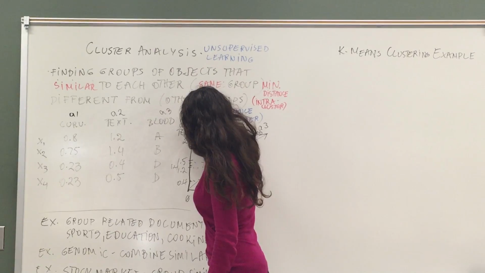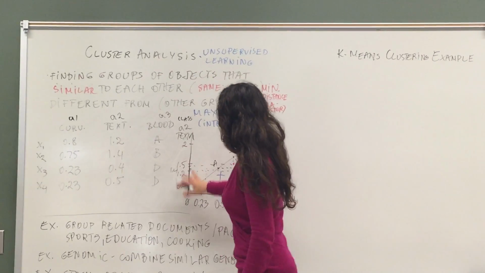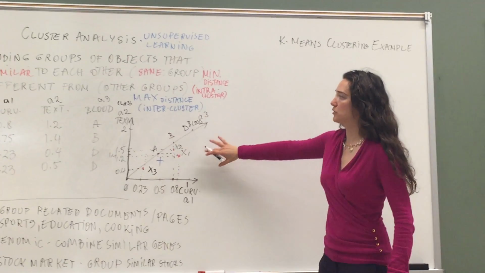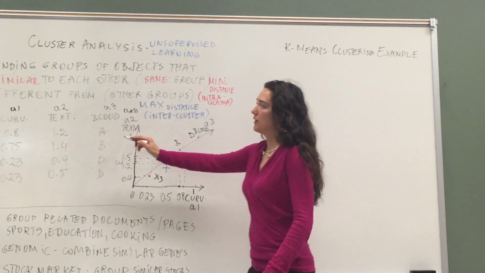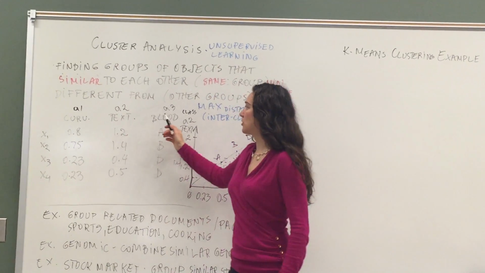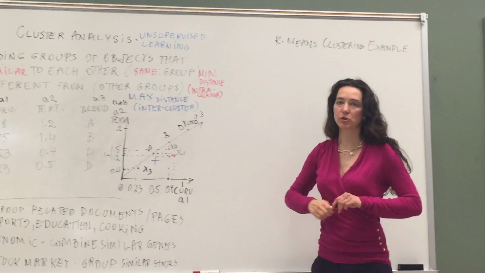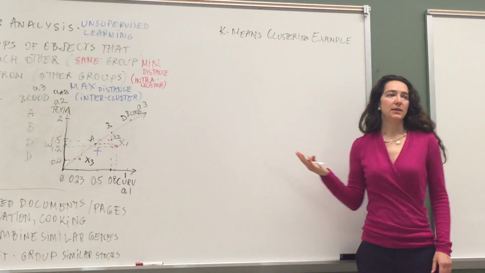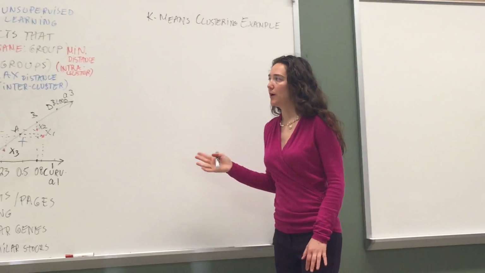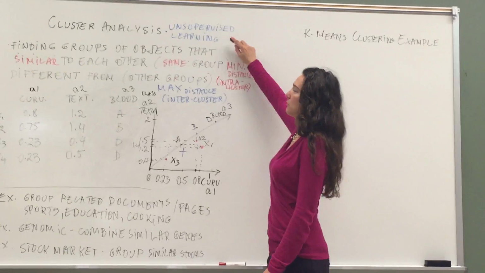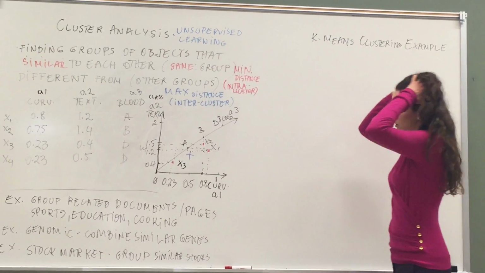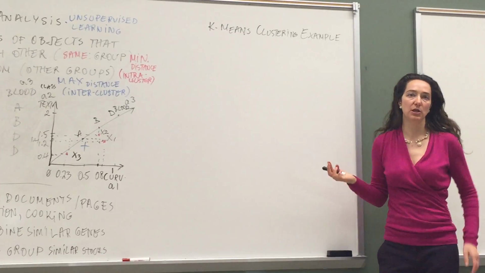The class could be malignant or benign tumor for these objects, because this is the curvature of the tumor, the texture, and the blood consumption of that tumor. So the class could be benign or malignant, but with unsupervised learning, we're not providing the class information because we are not doing classification.